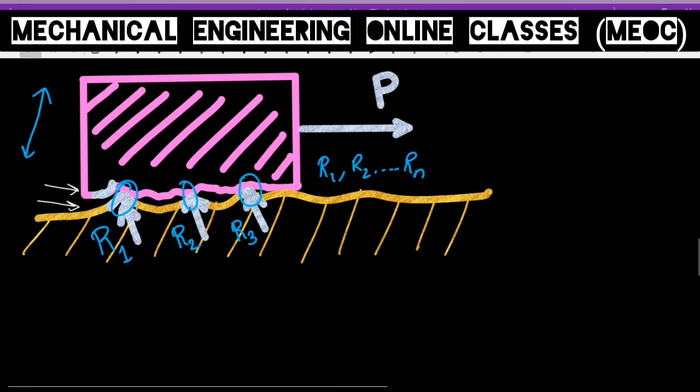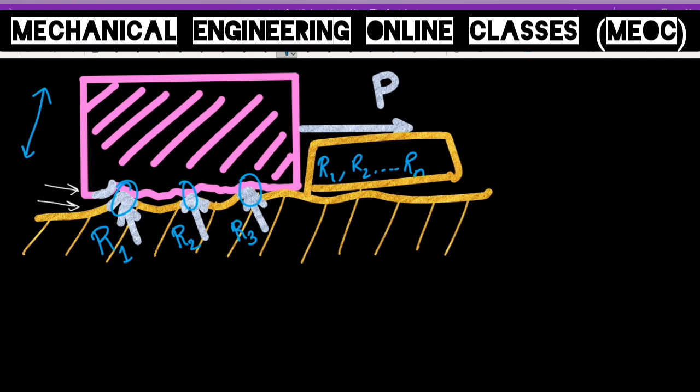So let us find the resultant of all these reactions. Let all the R1, R2, Rn, these are all the reaction forces. The resultant might be, say, R. R is the resultant.